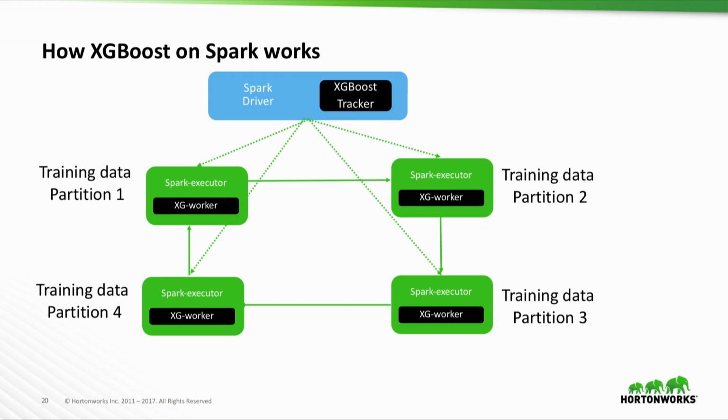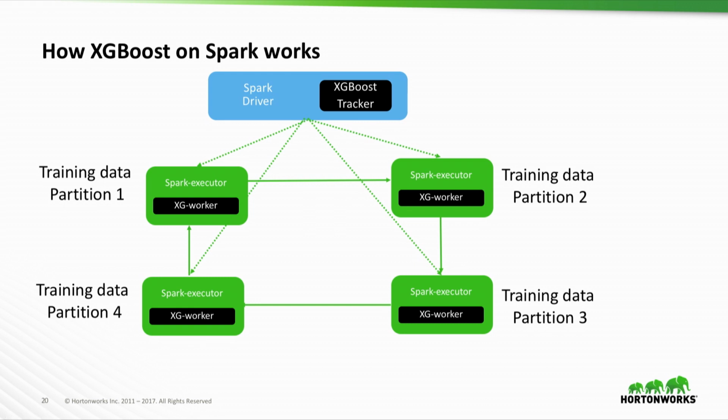It means the XGBoost workers talk with each other and with the Spark executors on the same machine, but don't talk to other Spark executors which are not co-located on the same machine. This is the execution paradigm of the Spark XGBoost integration.